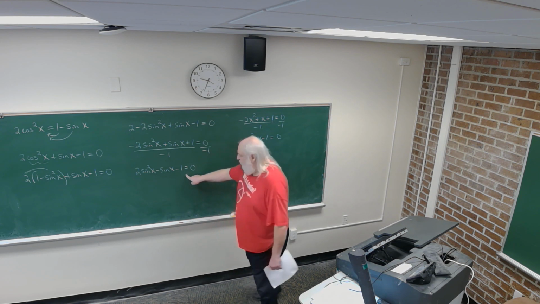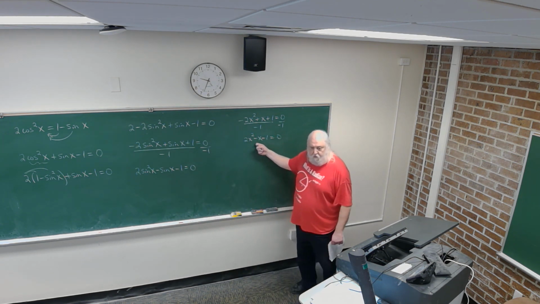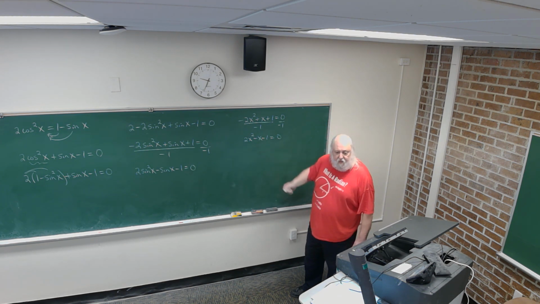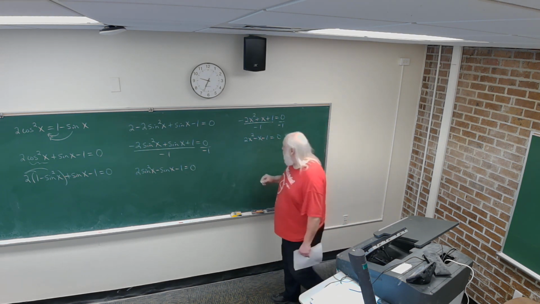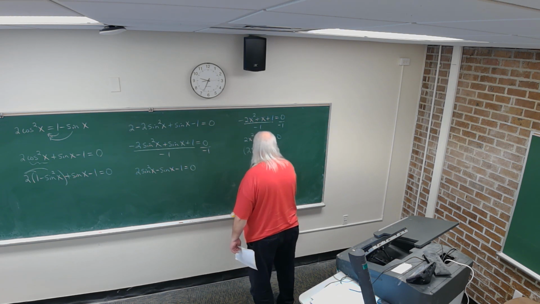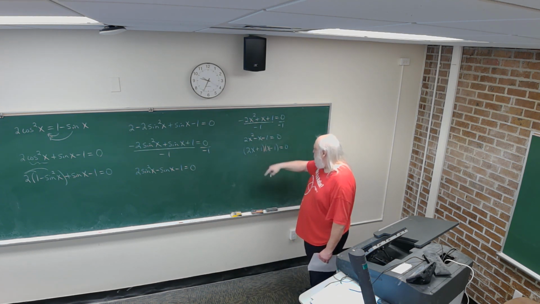Now this quadratic equation in sine of x looks just like this one in the variable x. I know how to factor this. Factoring that is like factoring this. So I think this factors into is it 2x plus 1 times x minus 1? 2x squared, 1x minus 2x negative 1.